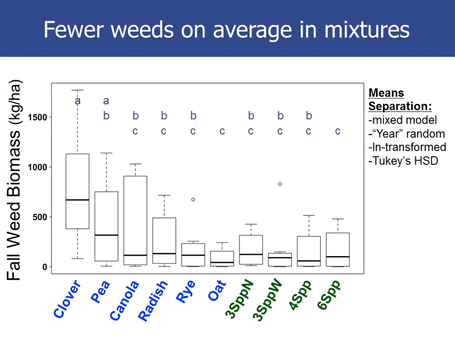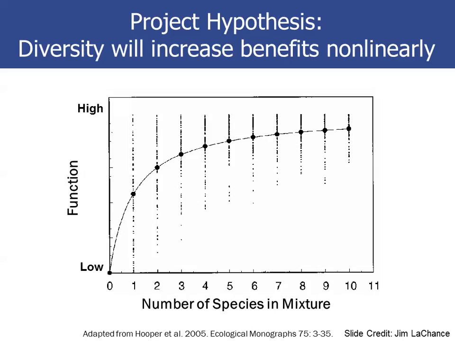So quickly, I did mean separation with a mixed model, log-transformed data, and Tukey's comparison, and it really just confirms what you're seeing from the box plots, at least the general trend. So how does this refer back to our original hypothesis? I'll remind you of the shape of this curve, and then I constructed a relative weed suppression metric just within the confines of this data set.